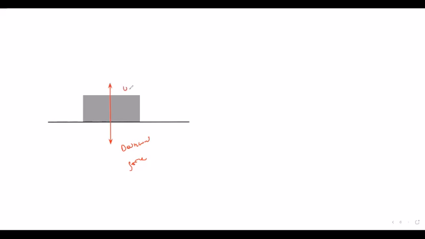So one is the force on the object by the surface, and this one is a downward force on the surface by the object. So according to Newton's third law, forces always act in pairs.